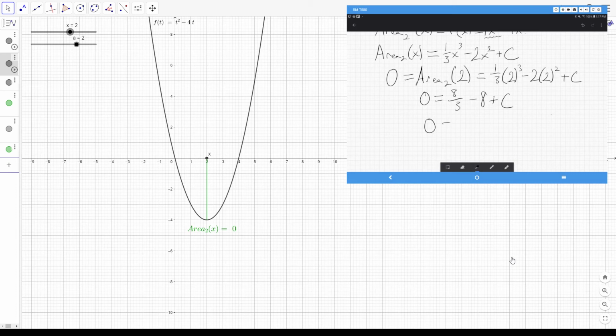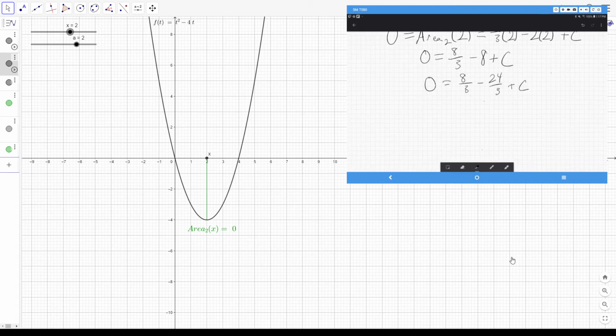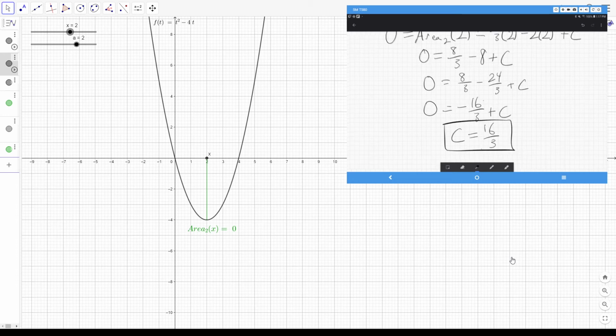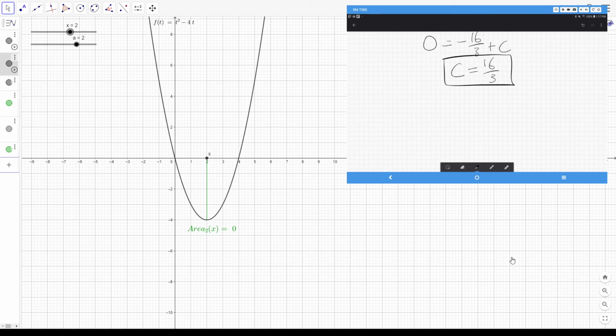So 0 is equal to 8 thirds minus 24 thirds plus c, which means 0 is equal to negative 16 thirds plus c, and then if we add 16 thirds to both sides, we get c is equal to 16 thirds. So we know our area function, so we can plug that back in for c.